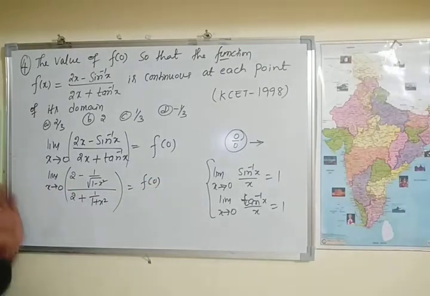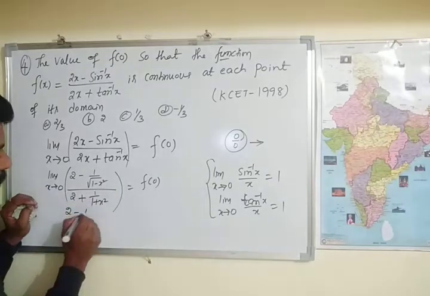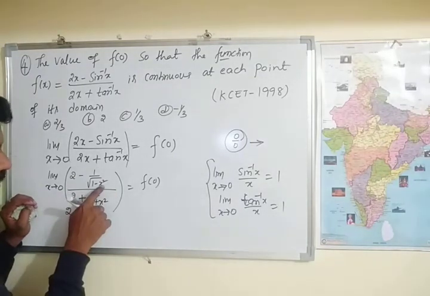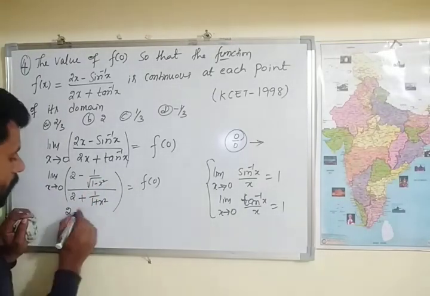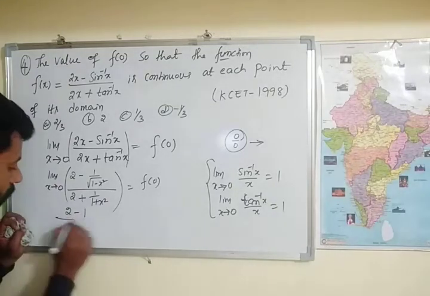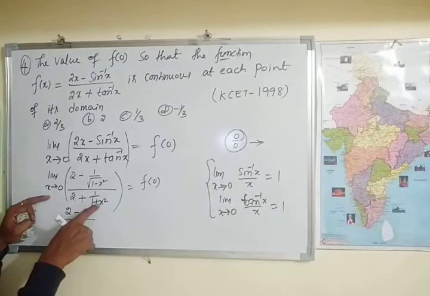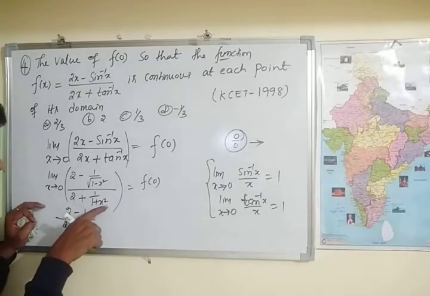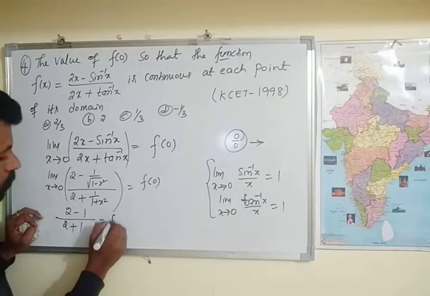Next, x approaches 0 means substitute 0 in the place of x. We get 2 minus 1 divided by root of 1 minus 0 square. 1 minus 0 is 1, root of 1 is 1, so 1 divided by 1. In the denominator, 2 plus 1 divided by 1 plus 0 square, which is 1 divided by 1 is 1, equal to f of 0.